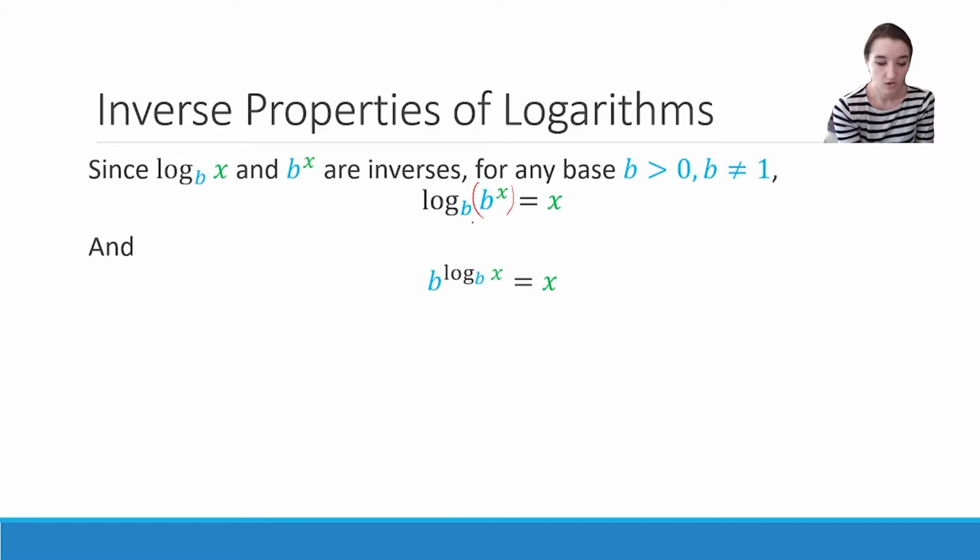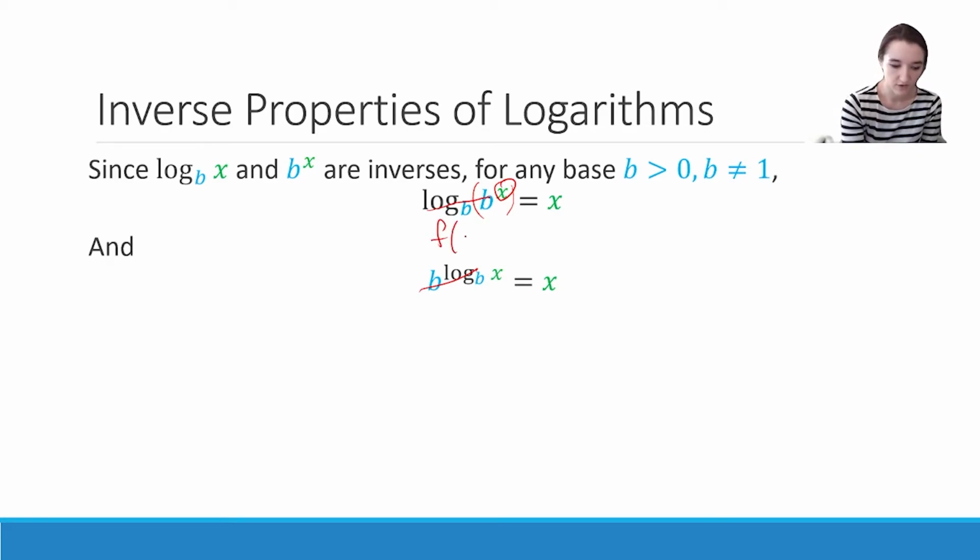So log base b of b to the x, essentially what happens is they cancel each other, so we're left with the x, which means that we get some kind of cool properties from that, which we'll see in the example soon. We also can do the same thing where we start from the exponential. So b to the log base b of x is also equal to x. We know this because that's how inverses work.